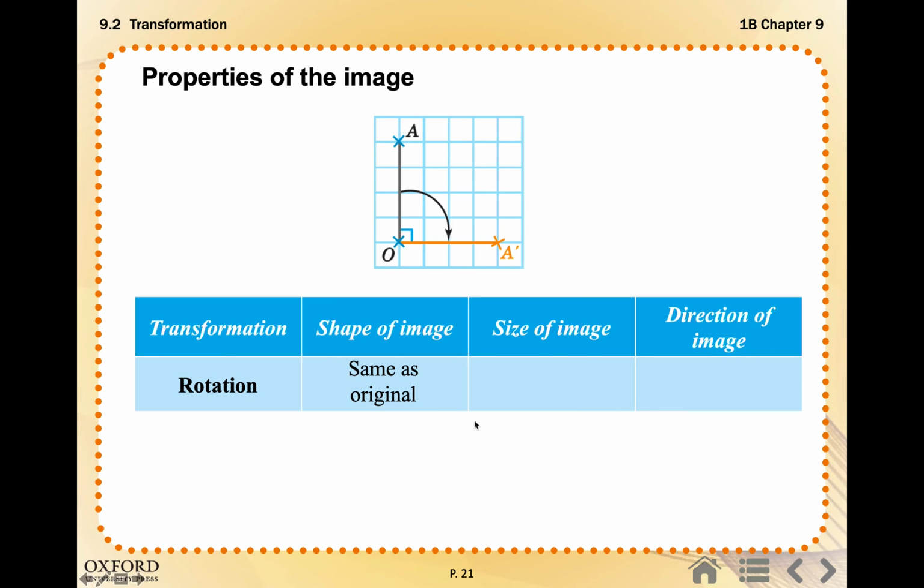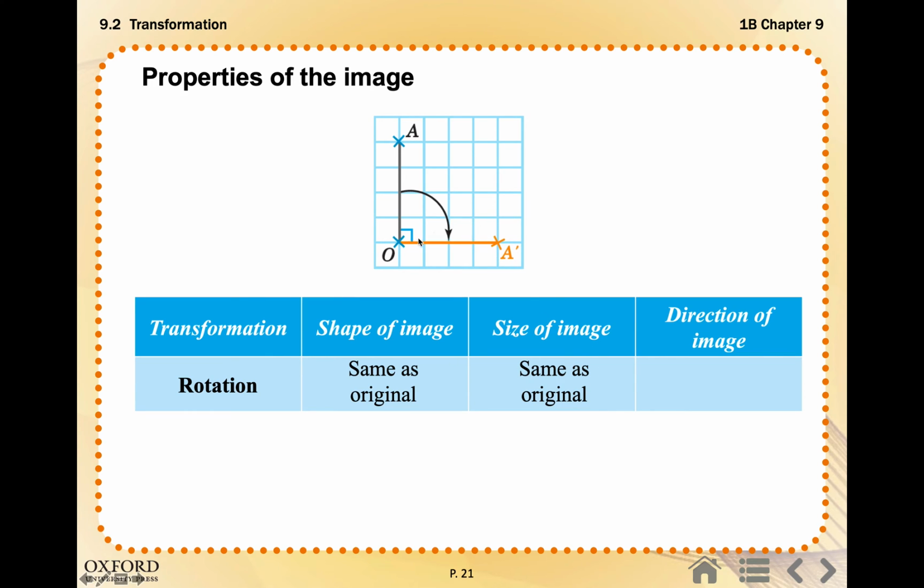For the image after the rotation, you can see that the shape of the image is the same. Because, for example, if a straight line OA is rotated in this clockwise direction, finally this is also a straight line OA. So the shape of the image will not be changed. And next is the size. Size is also the same.